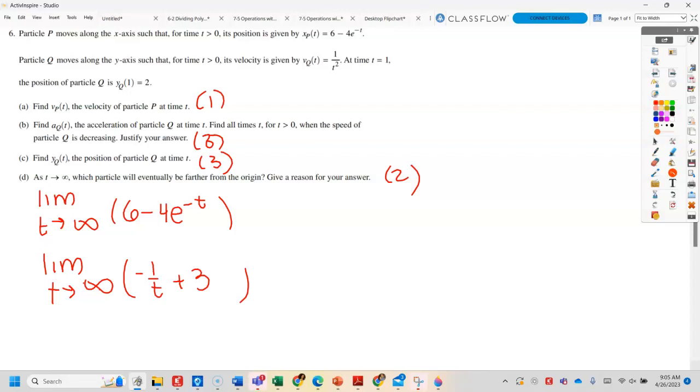So the limit as t goes to infinity of a constant is always the constant.